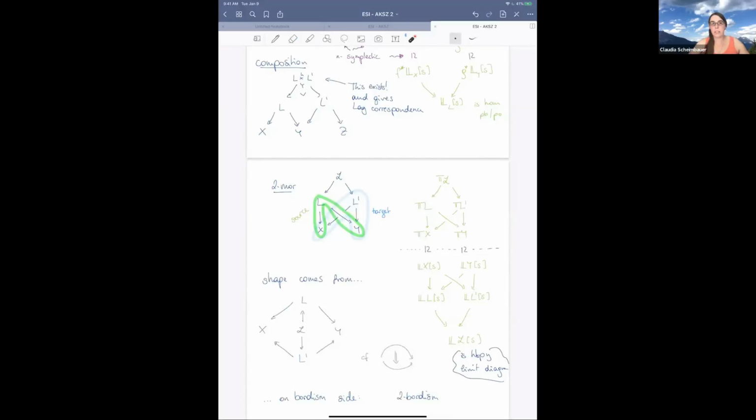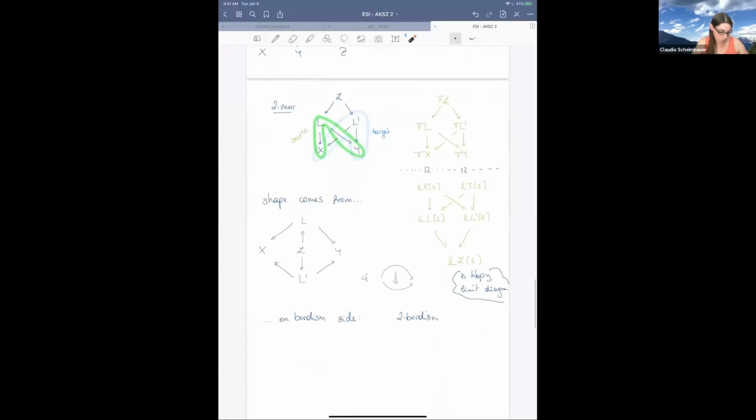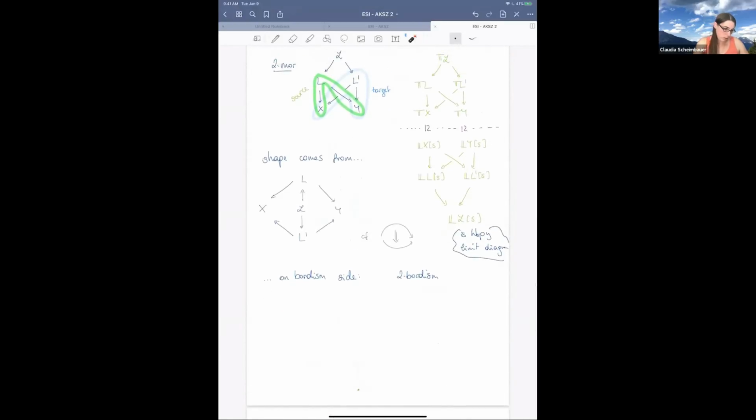But now maybe let's connect this to cobordisms, or why we could expect shapes of this form to be the outcome of a topological field theory. Well, let's look at the two-cobordism that I had before. This was the shape. I explained to you before that the source were these two half circles in the front.